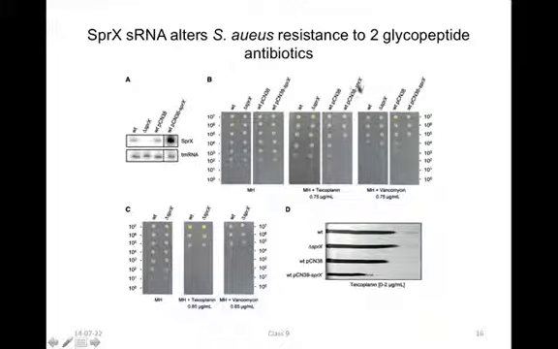And if you add the overexpression mutant, it doesn't survive as well. Okay. So it implies that by overexpressing it, you're not able to survive antibiotic stress. So it's involved in antibiotic stress somehow. Okay.